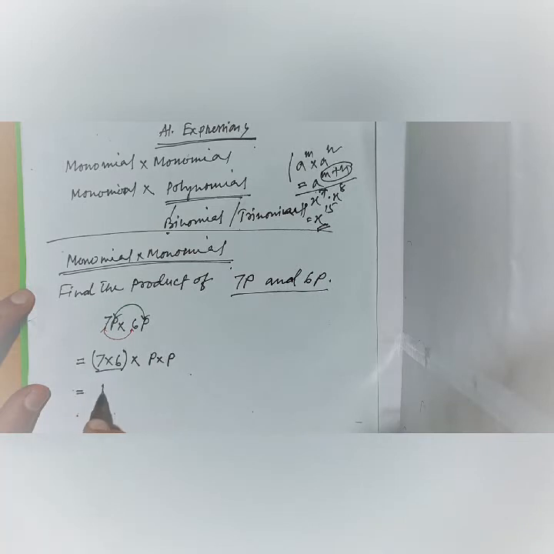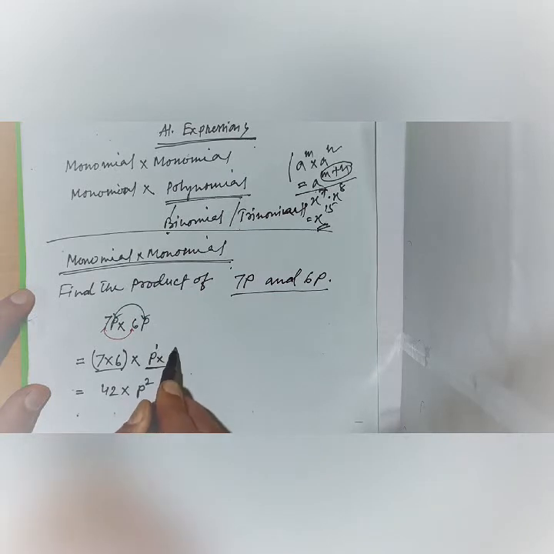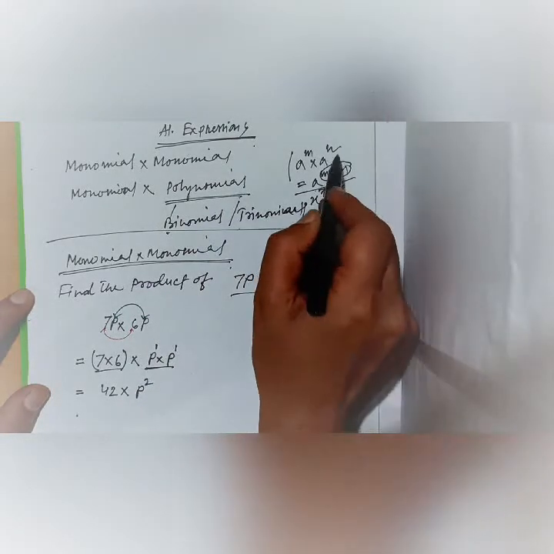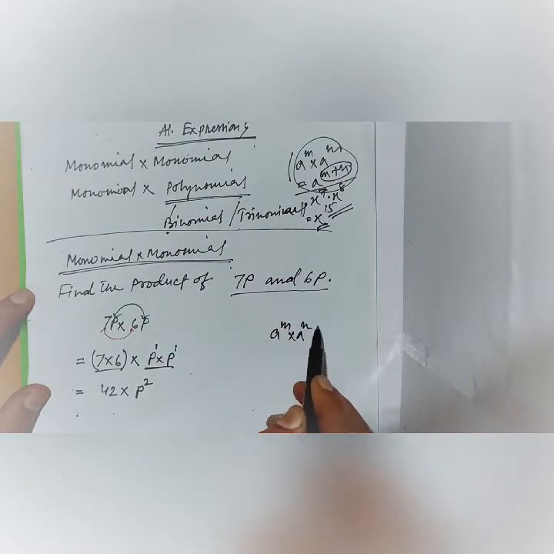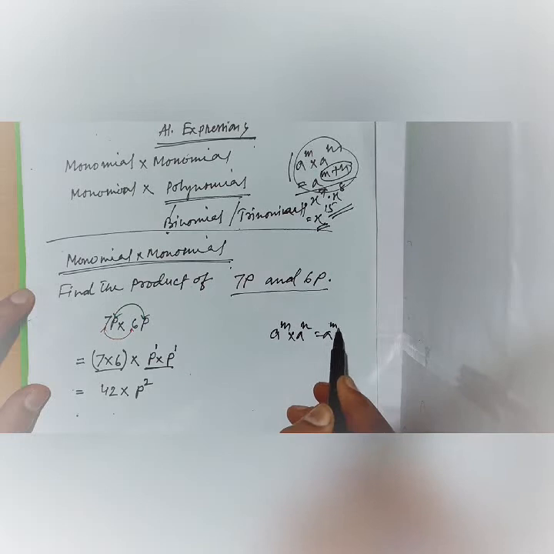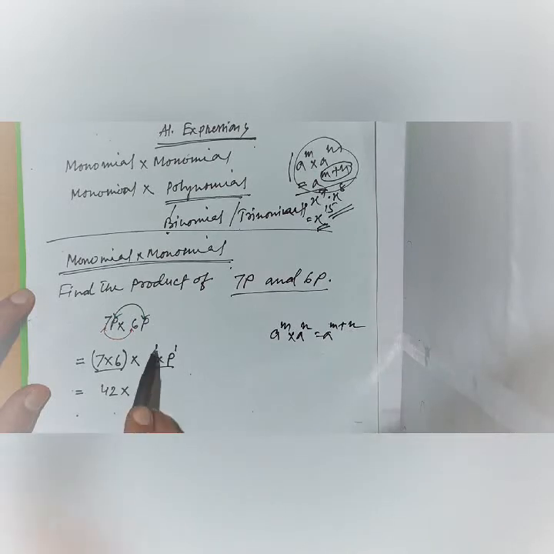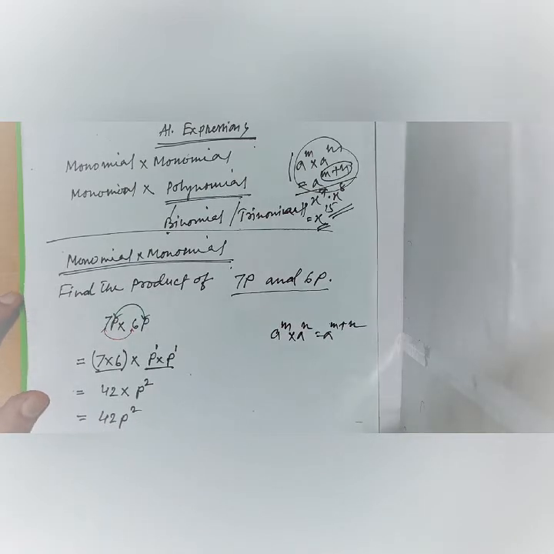Now 7 times 6 is 42, and p multiplied by p means p to the power 2, that is p to the power 1 times p to the power 1. Again I am using the law a to the power m into a to the power n equals a to the power m plus n. So the answer is 42p square. I am taking a simple example to make this clear.